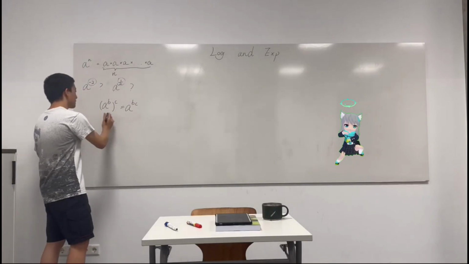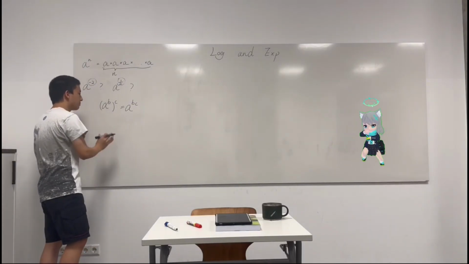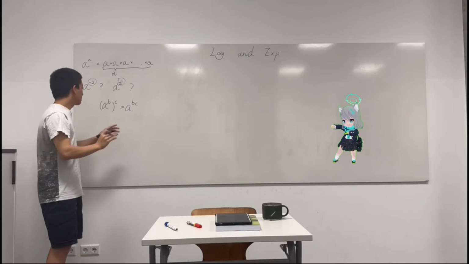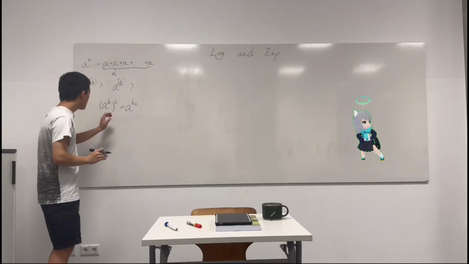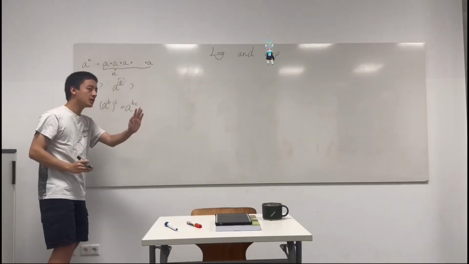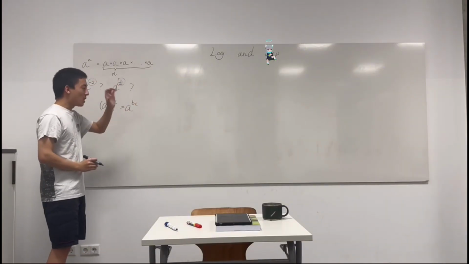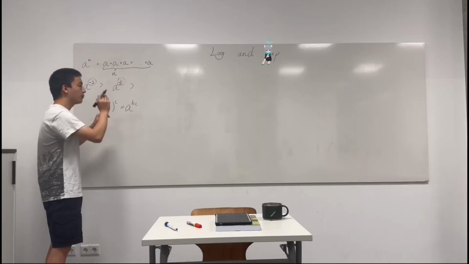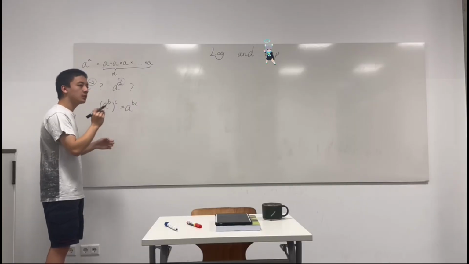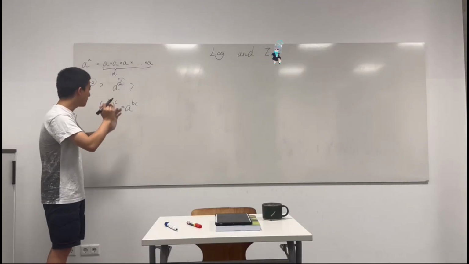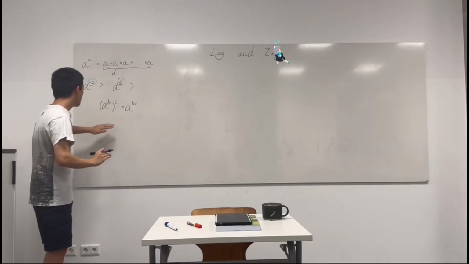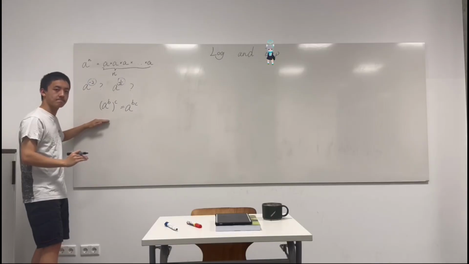Because think about it. a to the power of b is b amount of a multiplied together. Then a to the power of b to the power of c is c amount of a to the power of b multiplied together. So in total, we have b times c amount of a multiplied together. Therefore, this formula makes sense.